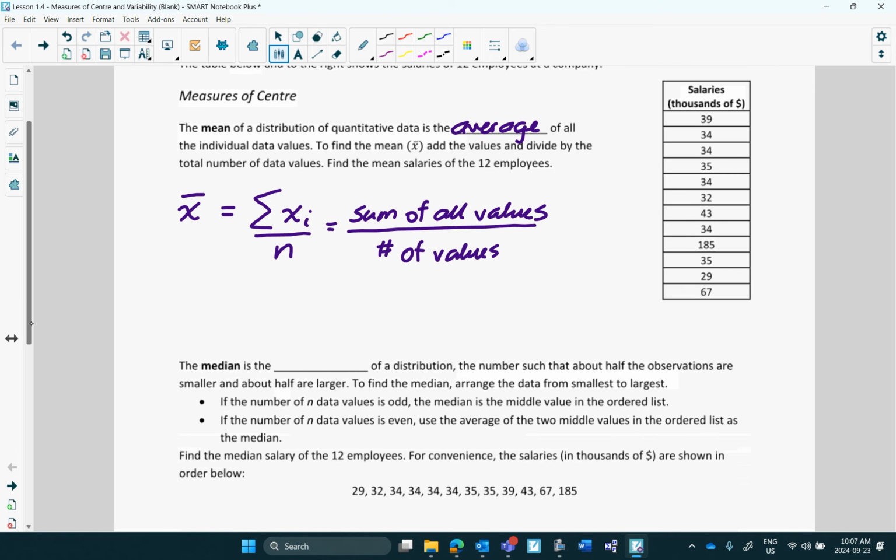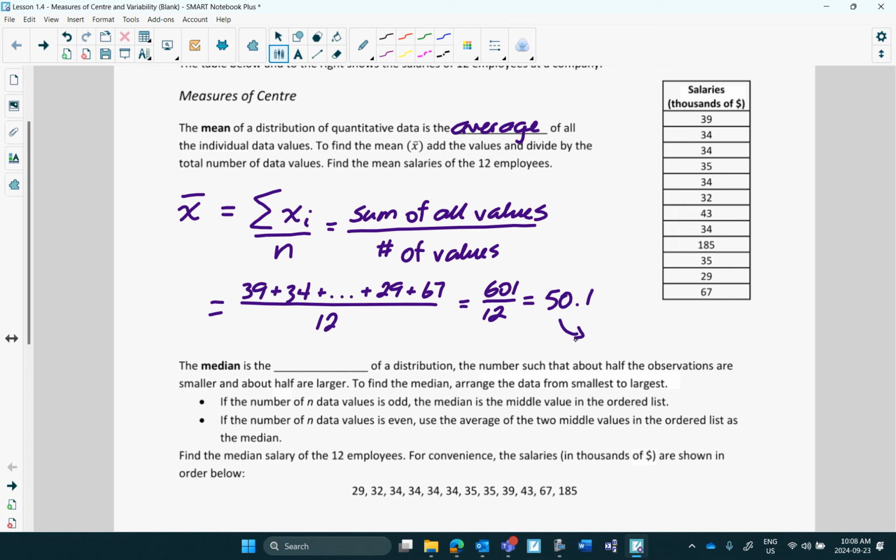So what we would have to do is 39 plus 34, and then, to save ourselves some time, plus dot, dot, dot, all the way to the end, 29 plus 67, divided by 12 to get our sample mean. Our sample mean would be 601 divided by 12, which is about 50.1.